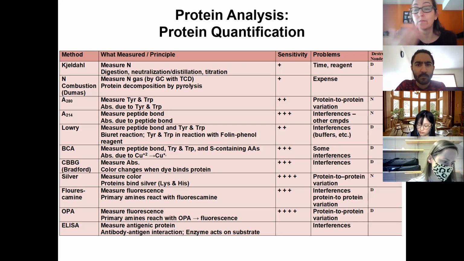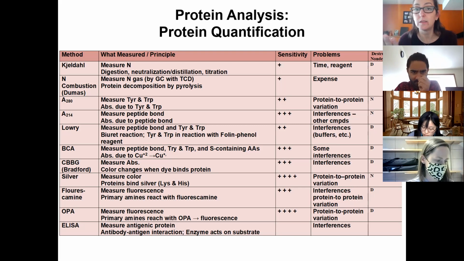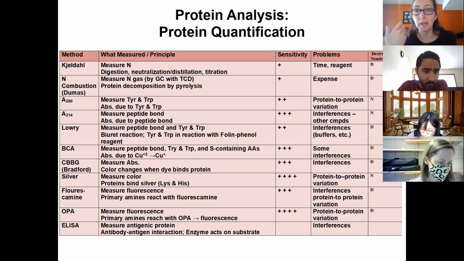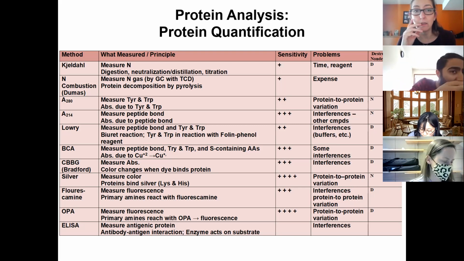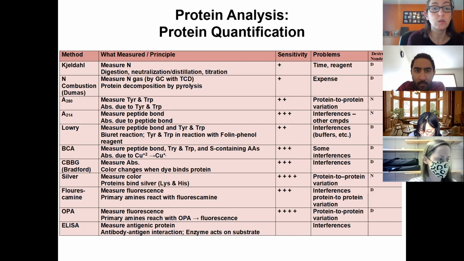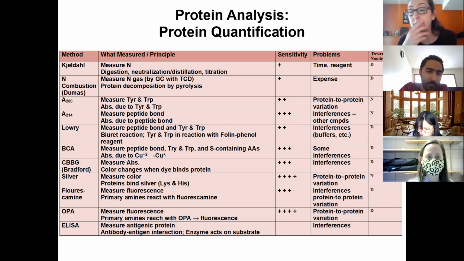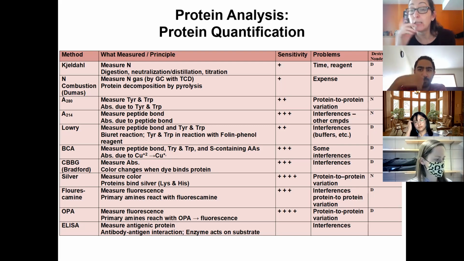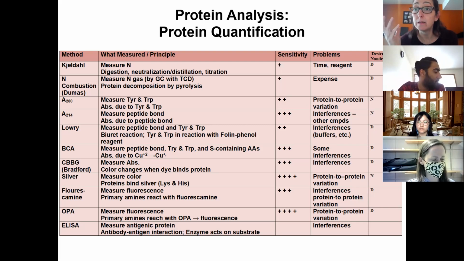Nitrogen combustion, you use a nitrogen analyzer based on combusting the sample and measuring the nitrogen content. And then from these methods, most common that we use in terms of research, absorption at 280. Absorption at 214 is common for peptide bonds. So if we're running, let's say, on HPLC, a mixture of proteins and peptides.